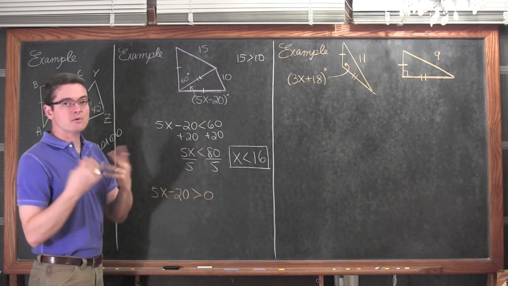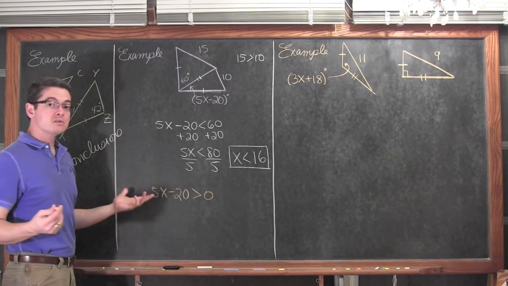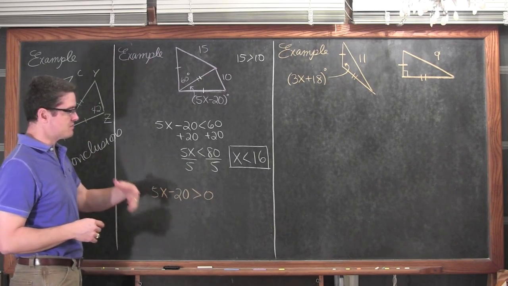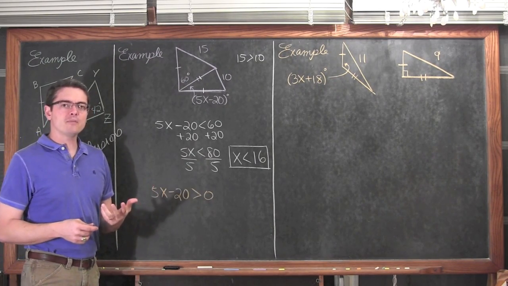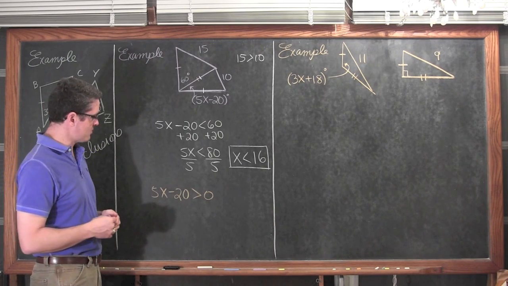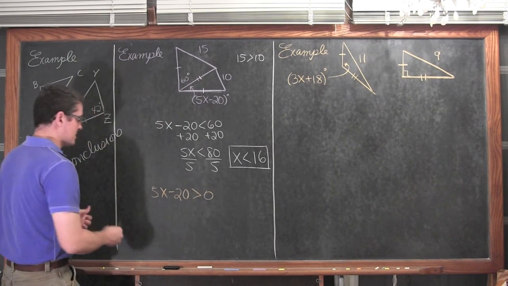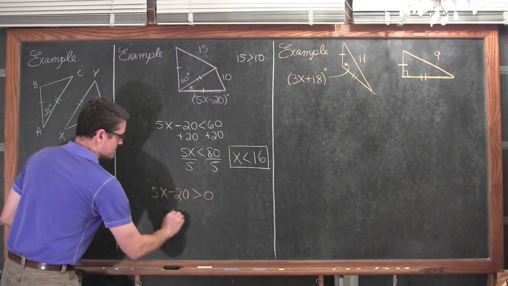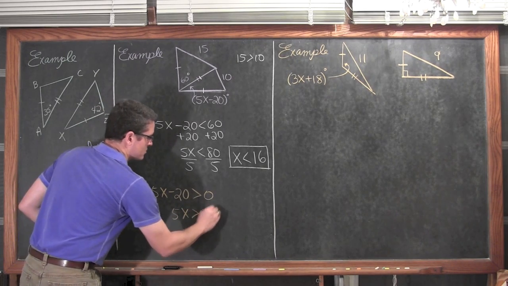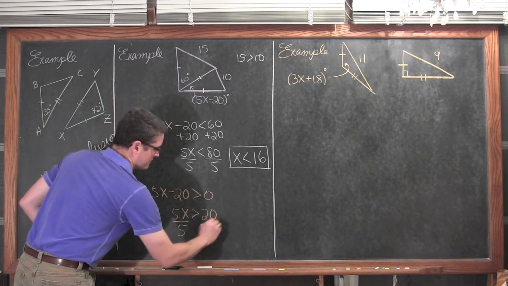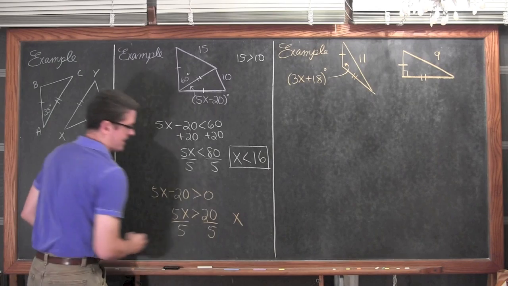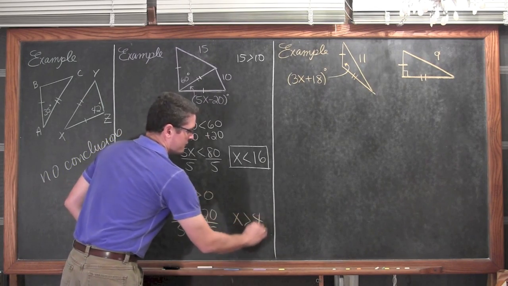And if it's less than 0, that's just not possible. So now we've got to solve a second inequality, which we wouldn't think of from that theorem that we just studied in the previous screen. But we are, again, talking about measurements. So we're going to add 20 to both sides and get 5x is greater than 20. We're going to divide both sides by 5 and get x has to be greater than 4.